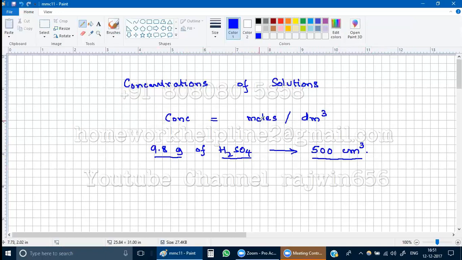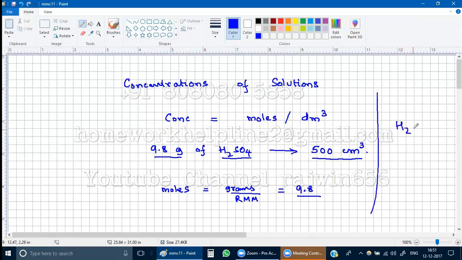First of all, we will have to get the moles. Moles is grams divided by RMM, the molecular mass. The grams over here is 9.8 divided by the molecular mass of sulfuric acid.